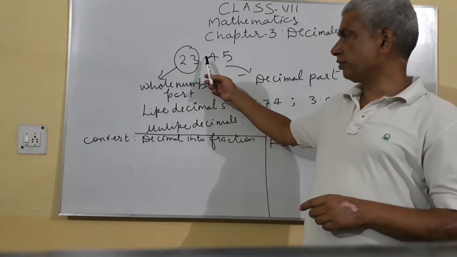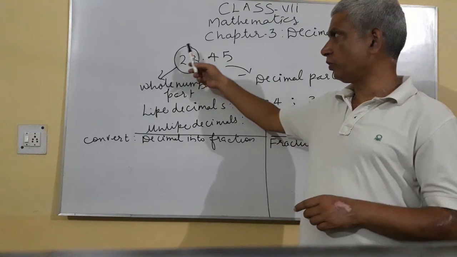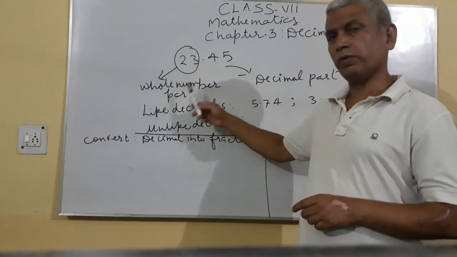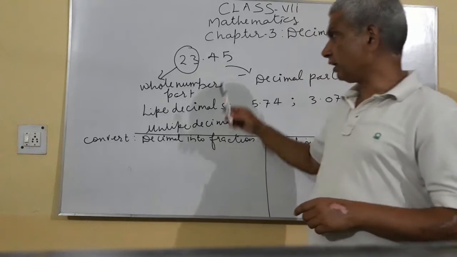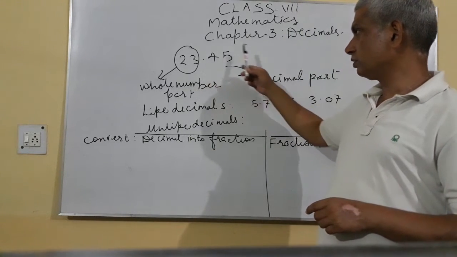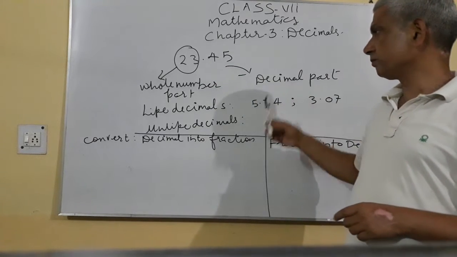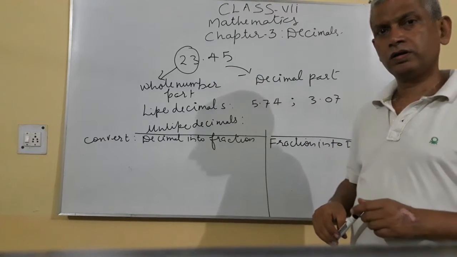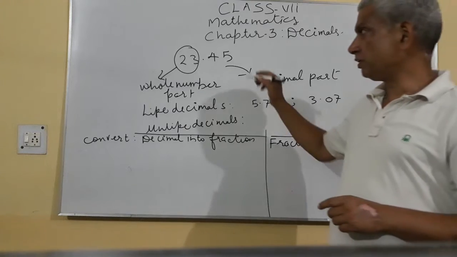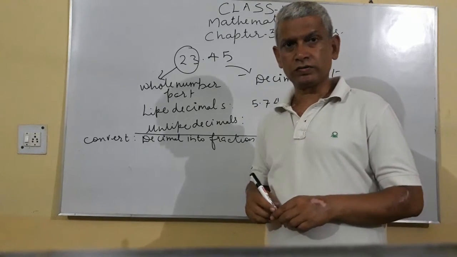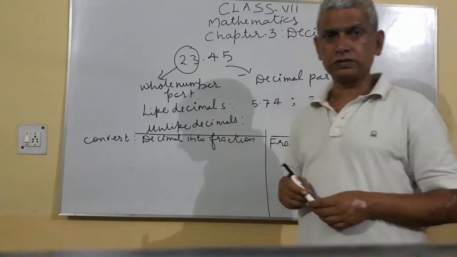The first part, before the decimal, is called the whole number part, and the second part, after the decimal, is called the decimal part. So the decimal divides the number into two parts, whole number part and decimal part.